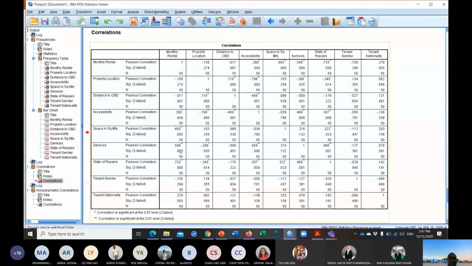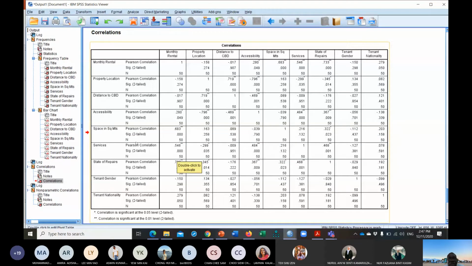So the standard of services or facilities you have where you are determines how much you pay, and it's a significant factor in rental determination. So if you want to determine rent, you will look at whether the area is excellently serviced. If it is excellently serviced, then the rent is expected to be higher than the average.